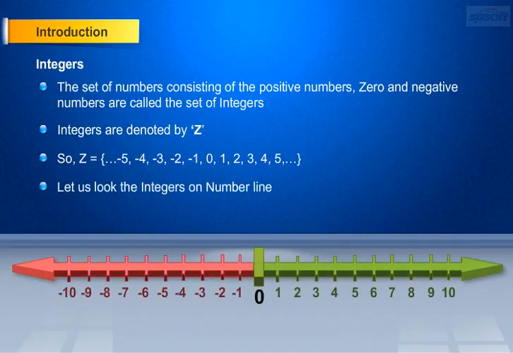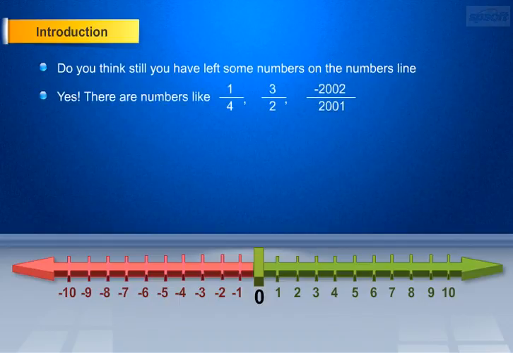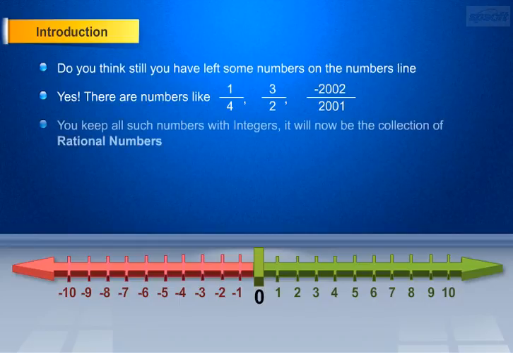Let us look at the integers on number line. Do you think still you have left some numbers on the number line? Yes. There are numbers like 1 by 4, 3 by 2, or even -2002 by 2001, or some other numbers. You keep all such numbers with integers. It will now be the collection of rational numbers.